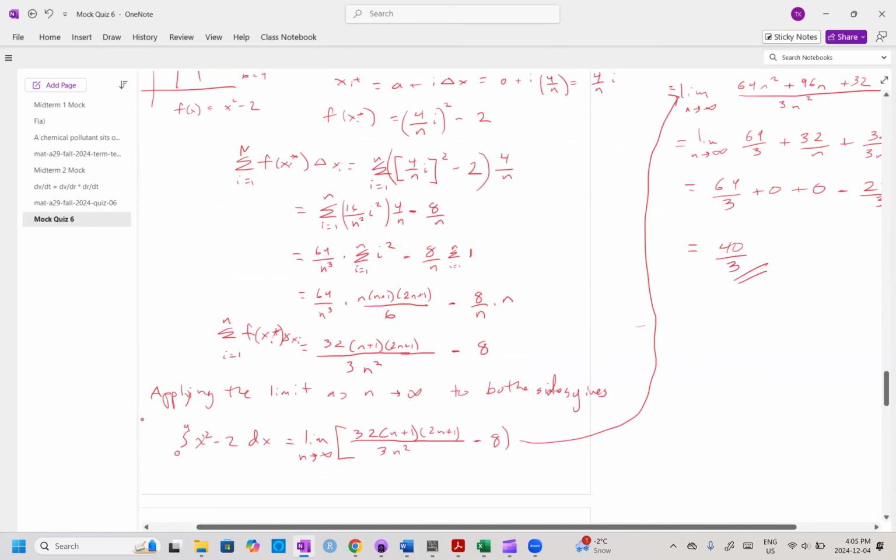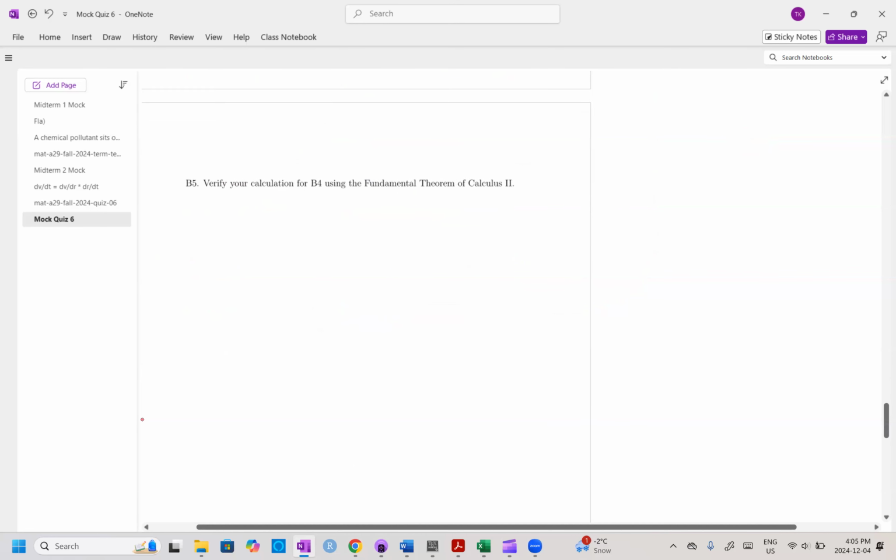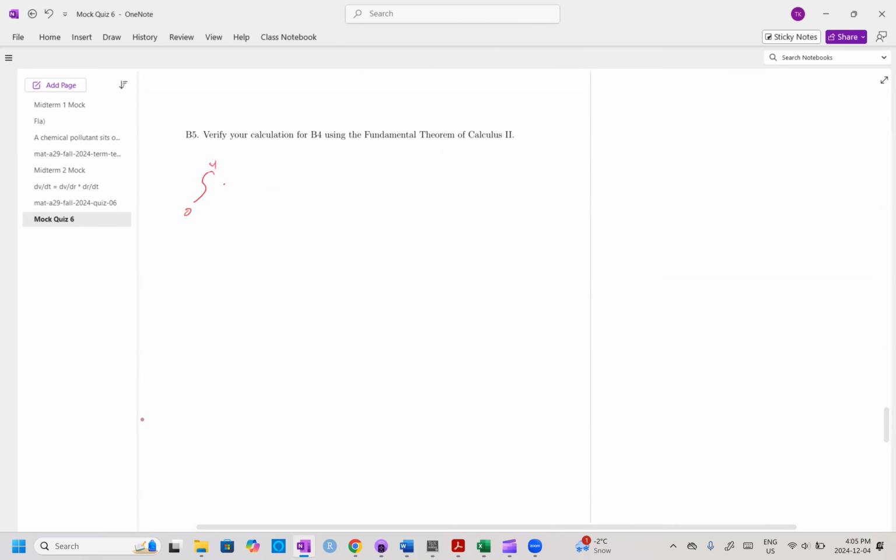Now we want to verify this. So we're going to verify this using the fundamental theorem of calculus 2. So the integral from 0 to 4 of x squared minus 2 dx equals x cubed over 3 minus 2x evaluated at x equals 0 to 4.